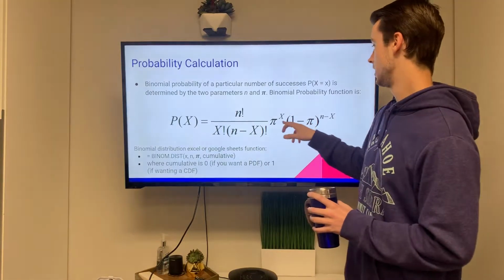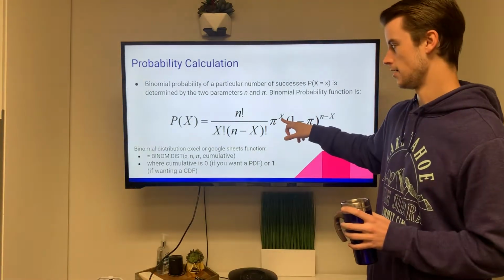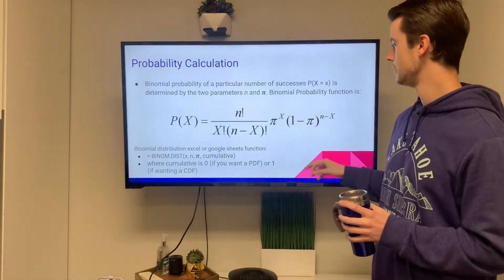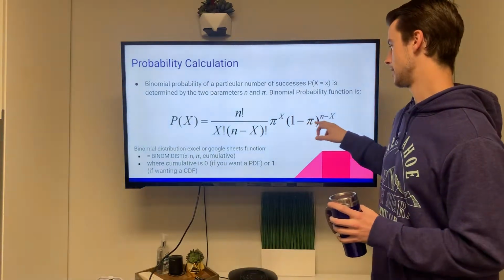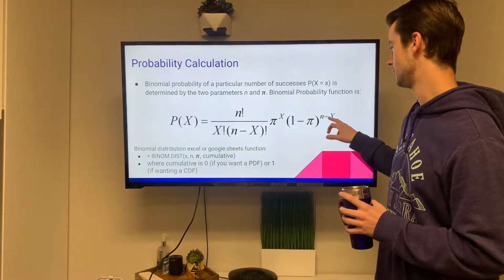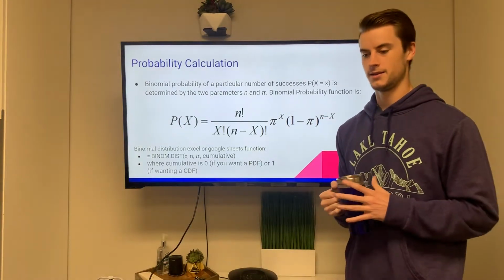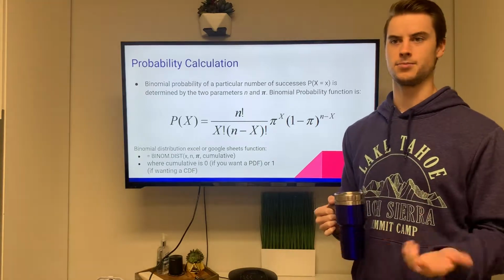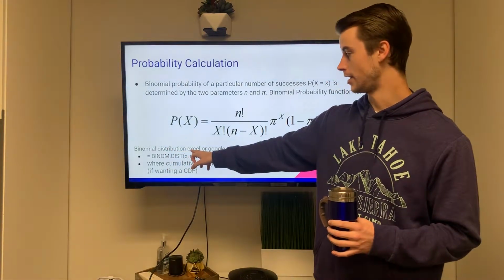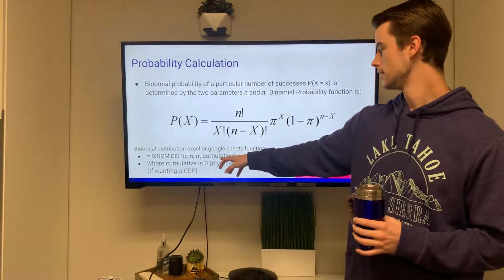Then we take our chance of success to the x power, so pi squared, times 1 minus pi to the n minus x, so 7 minus 2, 5. I think I have an example on the next page for you to look at. I even put the Excel binomial distribution function for you.